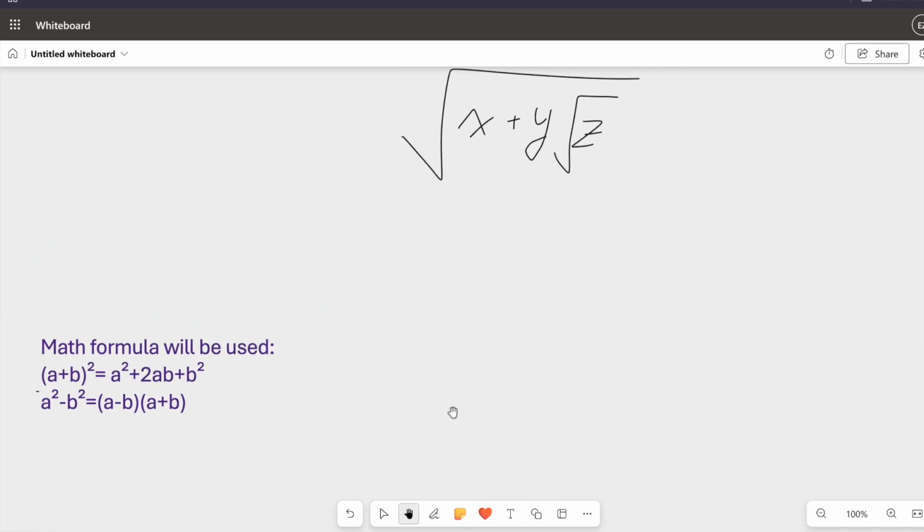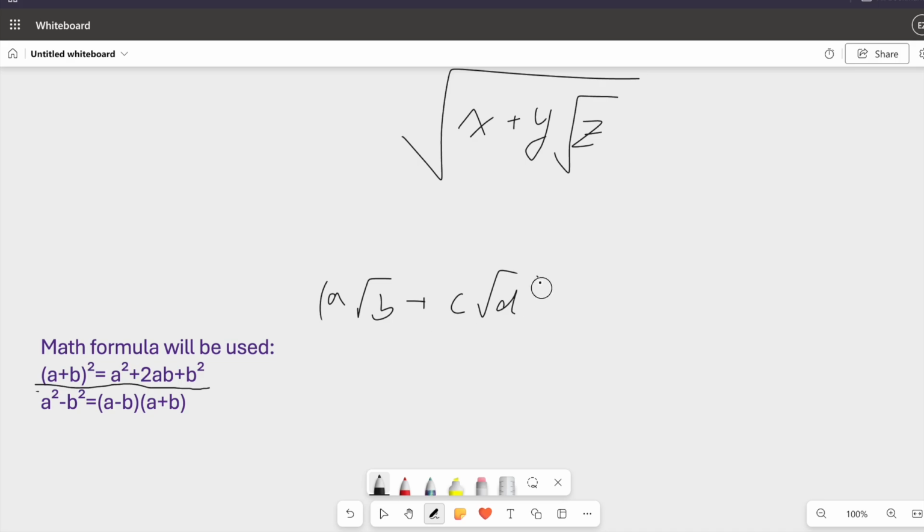Simultaneously, for the formula (a plus b) squared equals a squared plus 2ab plus b squared, if a, instead of being an integer or a rational number, we write it as something like a square root b plus c square root d, squared.